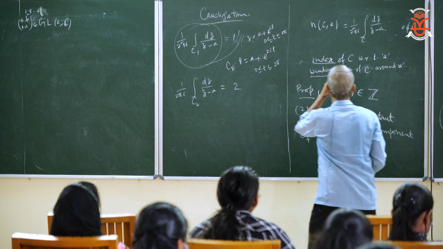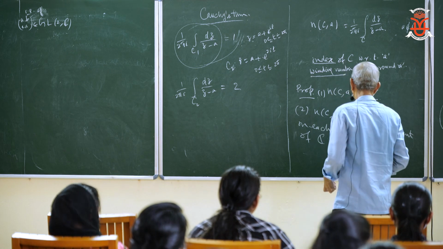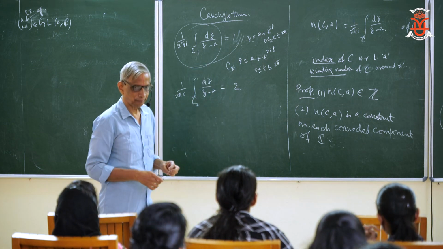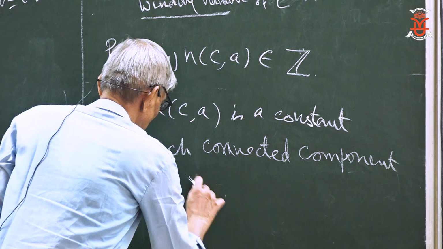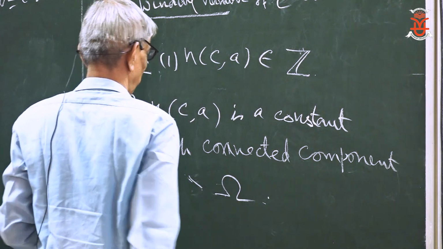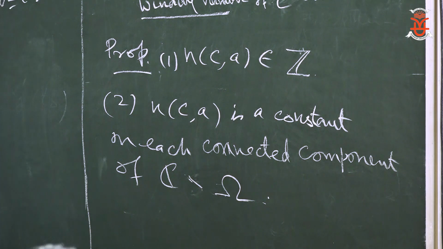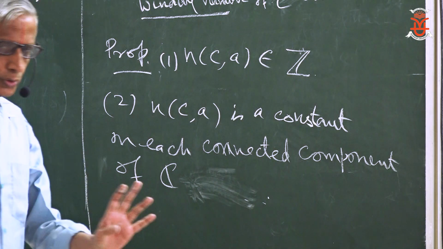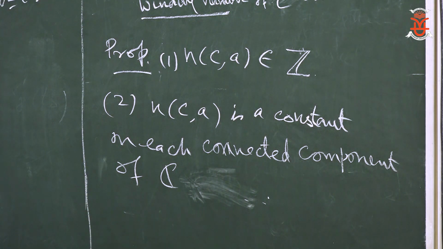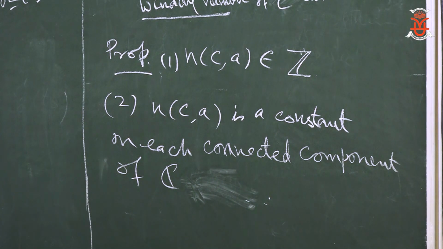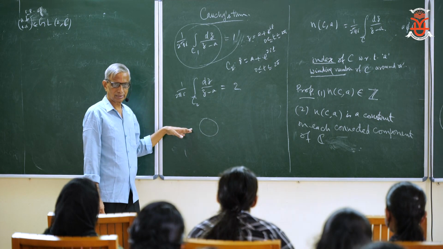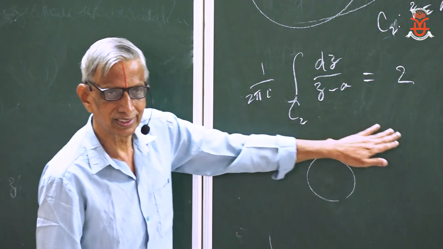So if C is a contour in a domain omega, okay, let's not write this way. So if you take a closed contour, okay, so if your contour is just like this, what about the complement? It consists of the interior and the exterior.